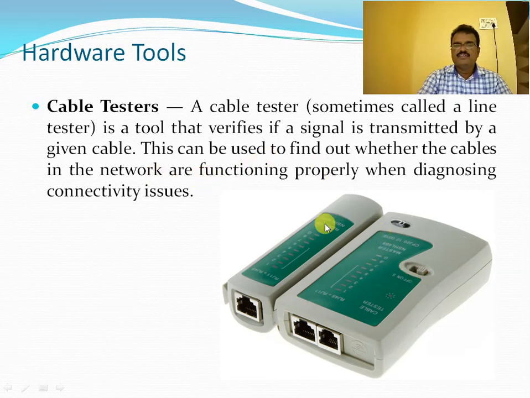On one end we put one device, and on the other end we put the other device. Then we test whether the 8 wires in the twisted pair cable are working or not. It will easily tell. It will test the connectivity.